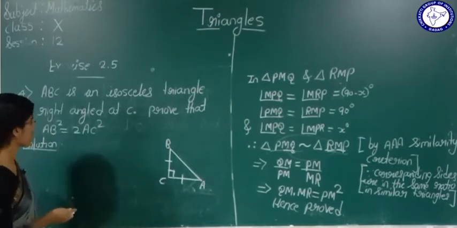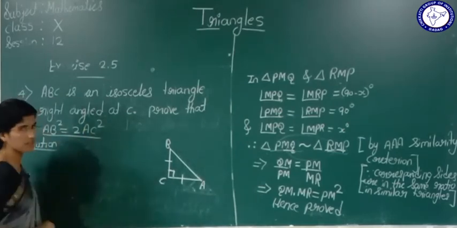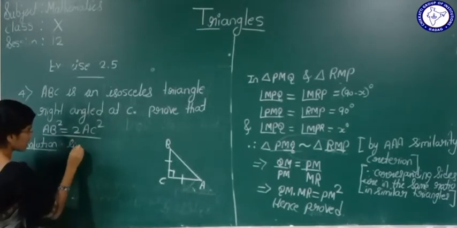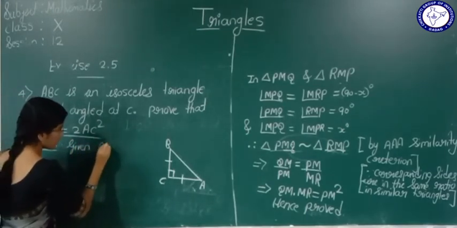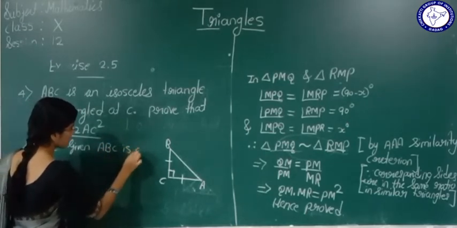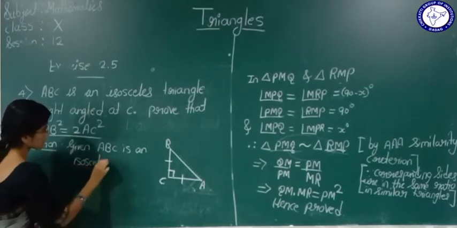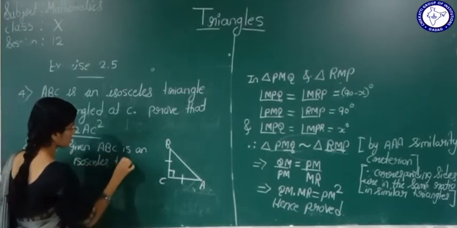We have to prove this here. Solution. Given: ABC is an isosceles triangle.